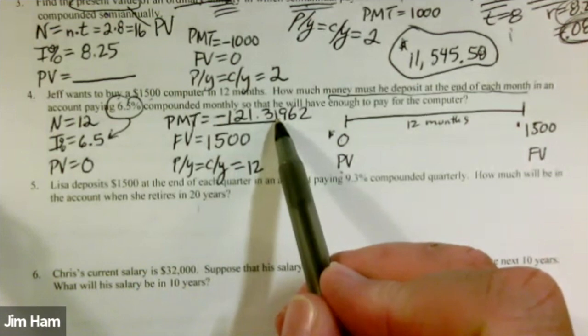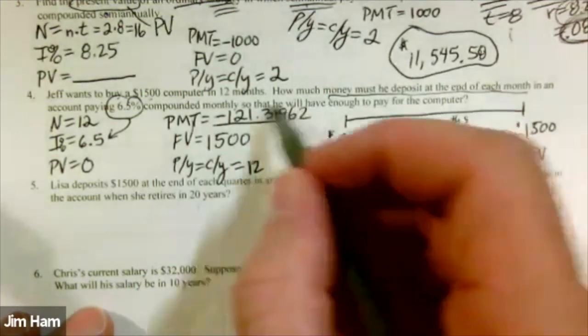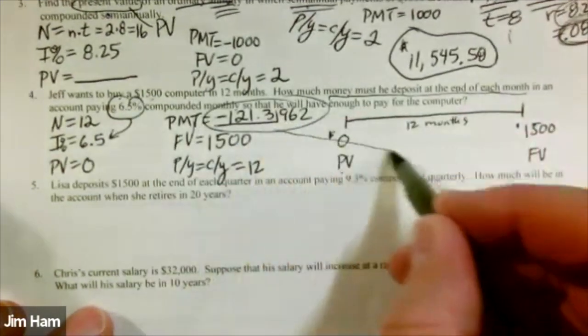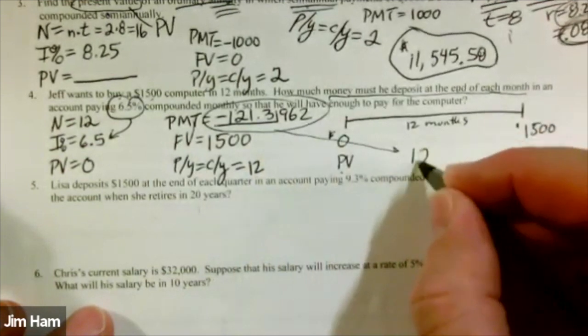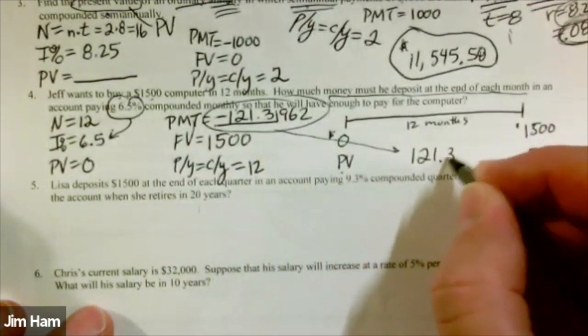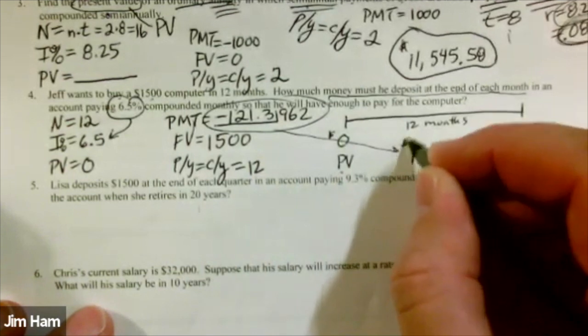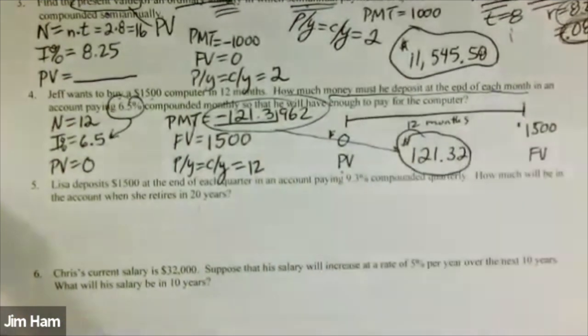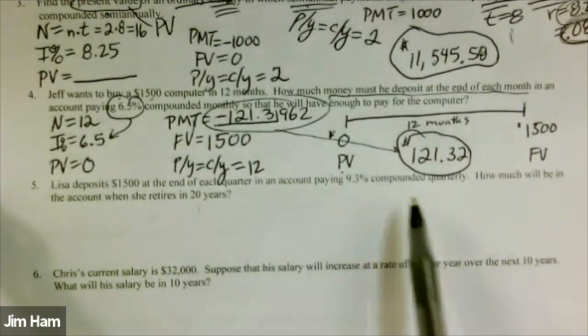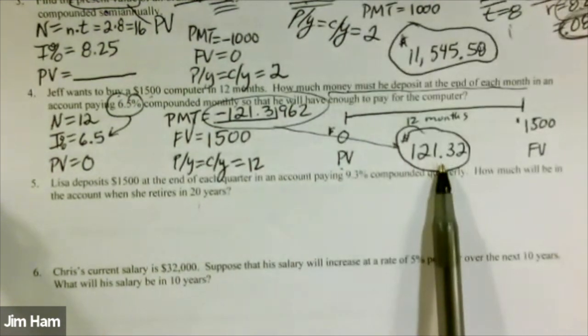And you can't rely on me to do that. So you have to take this number and write the final answer in the appropriate form. So what should that monthly payment be so he has $1,500 at the end of 1 year? There it is. No negatives, rounded to the nearest penny.